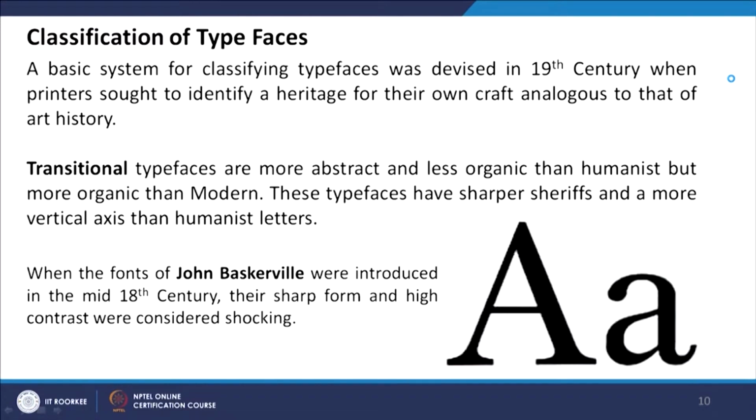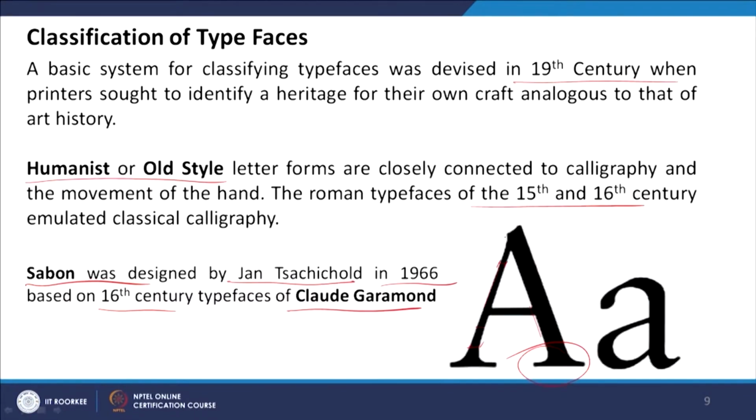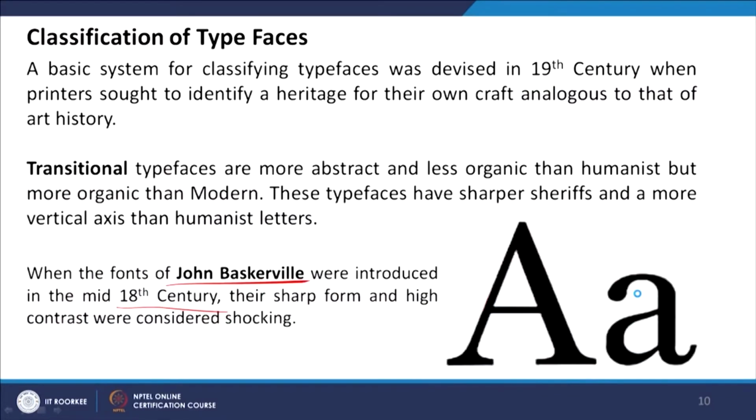One of the transitional typefaces is John Baskerville, which was designed in the transitional phase, the mid 18th century, which has a sharper end. If you look at these curves, the older font looks like it was painted with a paintbrush, and a lot of the change in the lines was minimized in the transitional style.